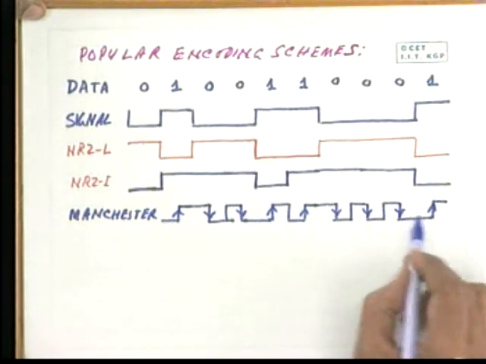So this is the signal that we get using Manchester encoding.